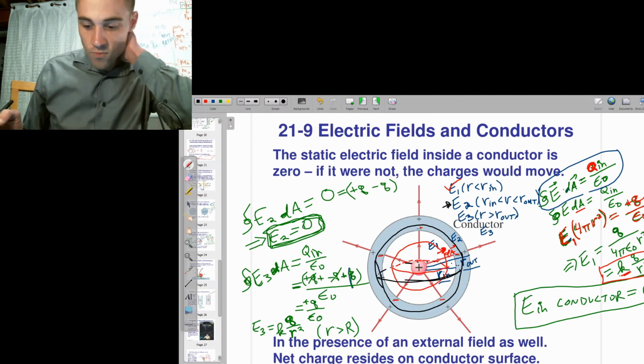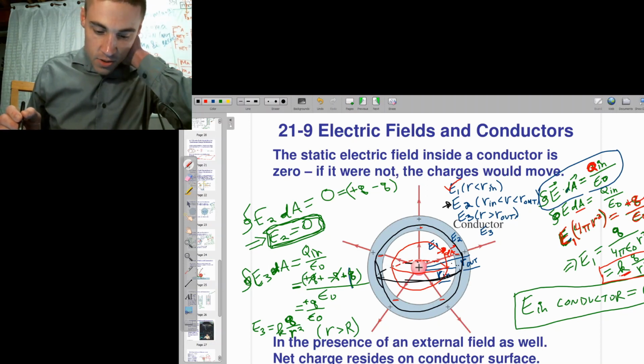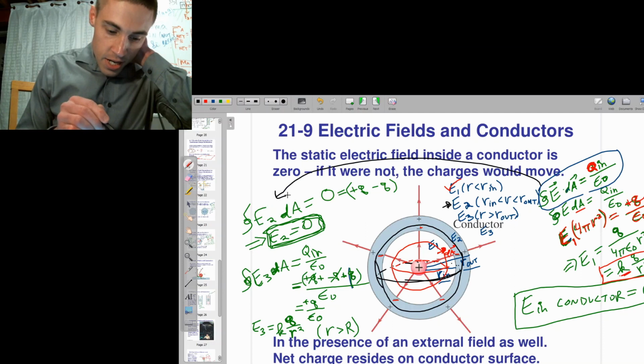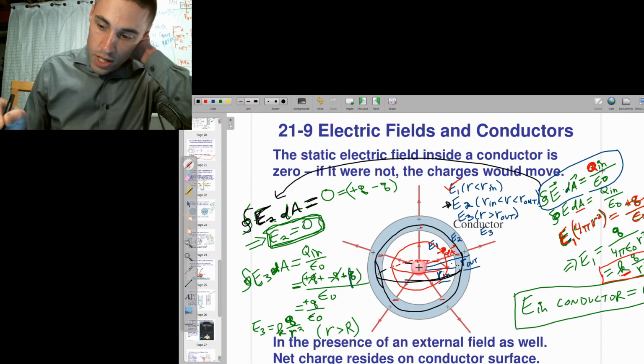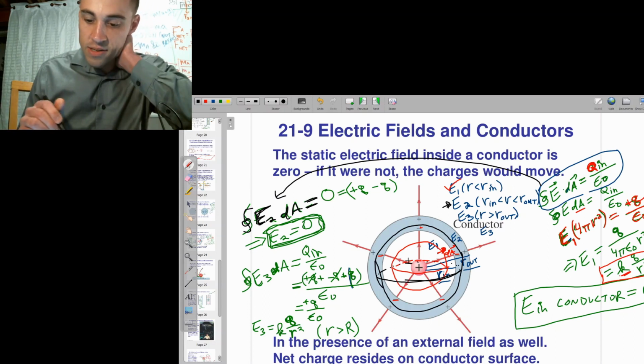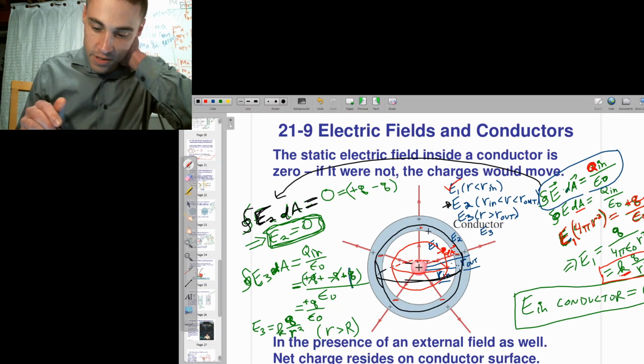You'll note that I can apply Gauss's law right over here, and I will have the integral of E2 dA equal to Q enclosed over epsilon naught. But what's the Q inside of this surface?